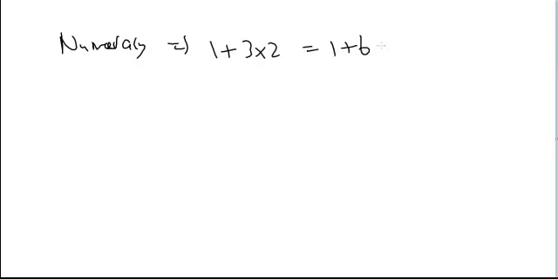So numeracy, what I mean there really is working with expressions. So say you have 1 plus 3 multiplied by 2, well, that's equal to 1 plus 6, and that's equal to 7.